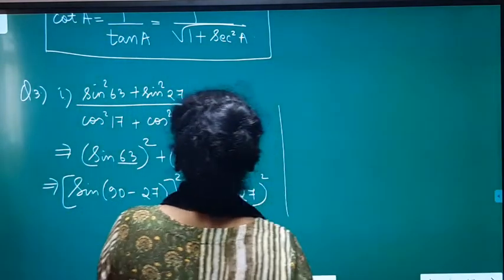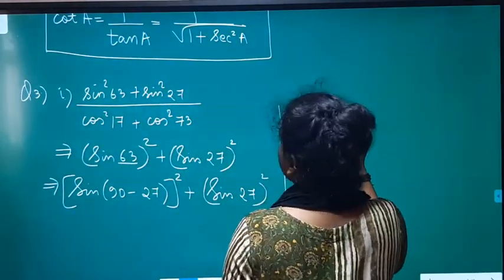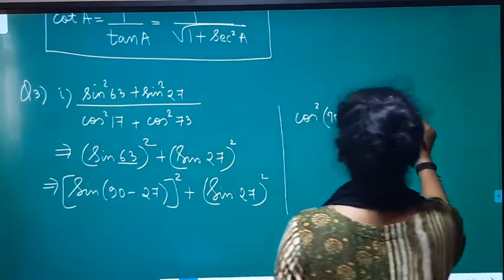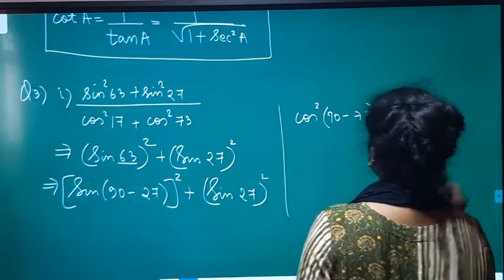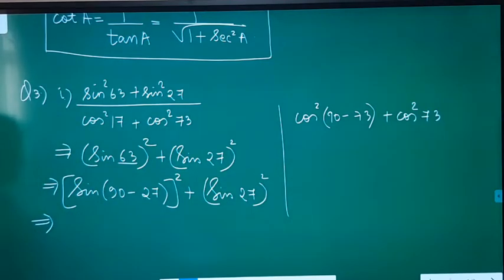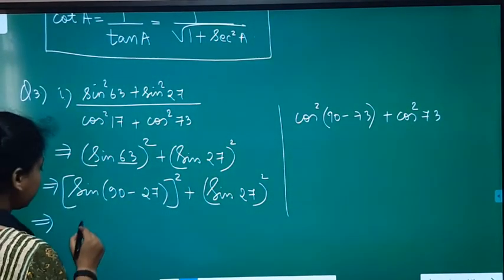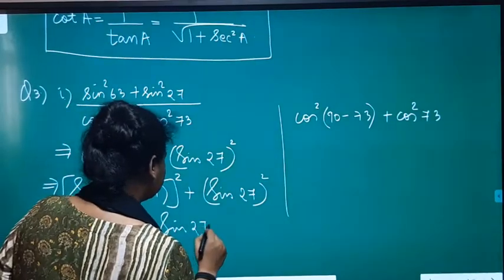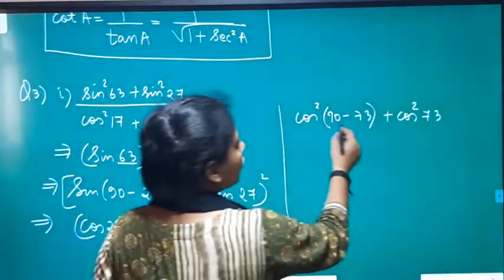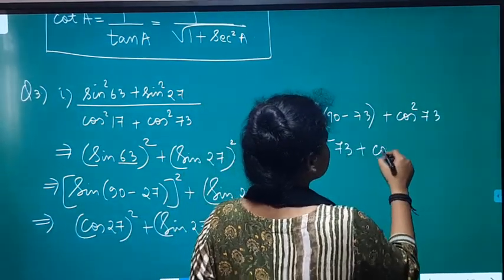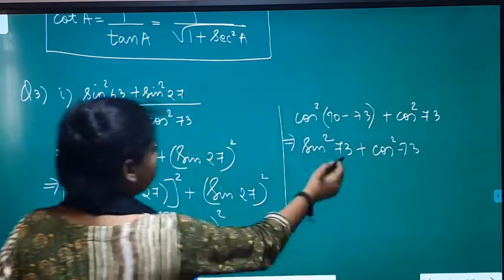And for the denominator, see, 17 can be written as 90 minus 73, and we can keep the second value as it is, right? We know by the complementary angle ratios, sin 90 minus 27 can be expressed as cos 27. Similarly here, cos 90 minus 73 can be written as sin 73. This is our numerator, this is our denominator.